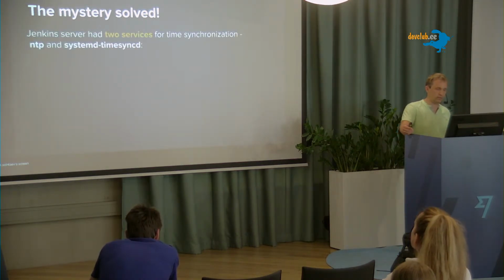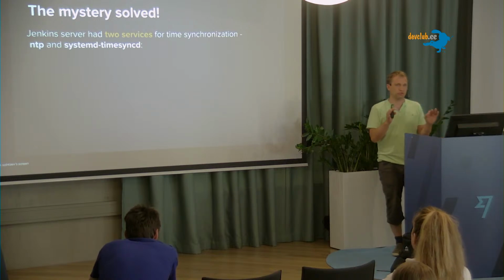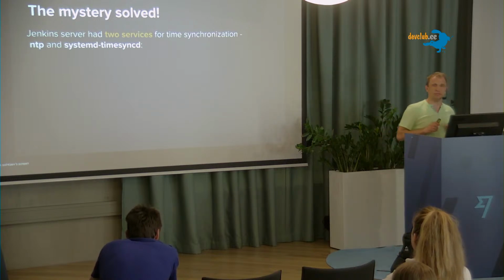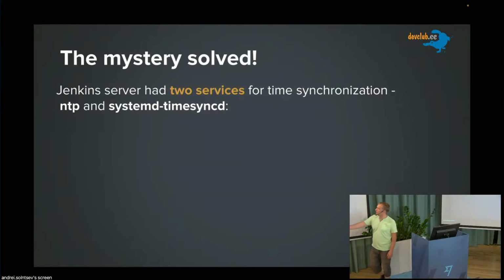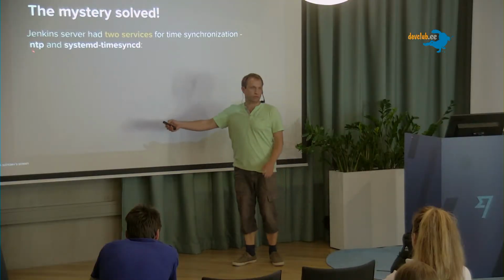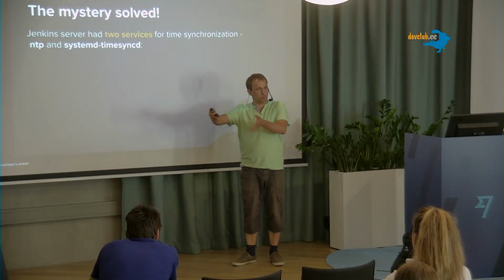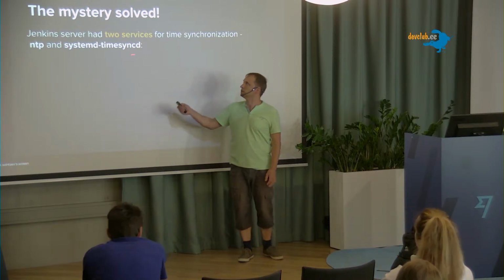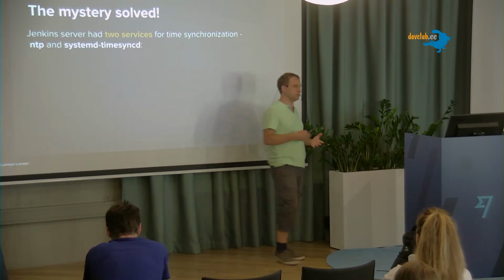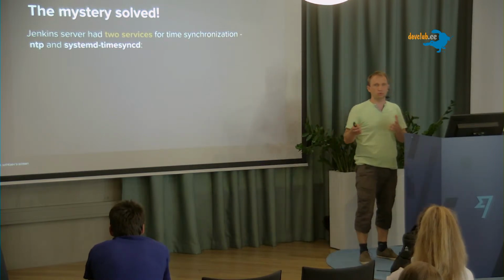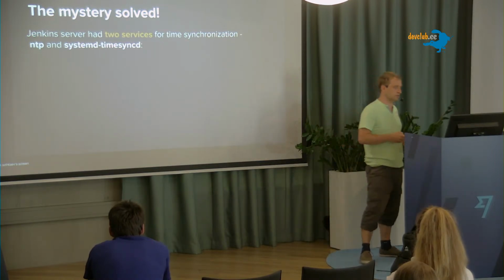We found that this Jenkins server actually had 2 services for time synchronization. The first one is called NTP, and the other one is called systemd-timesyncd. As much as I understand, in some older Ubuntu versions one of them was the default, and starting from the next Ubuntu version the other one was the default. And administrators upgraded Ubuntu so that both services were left.